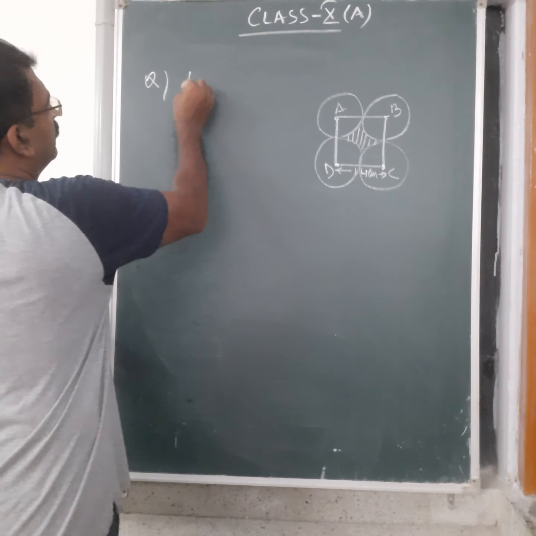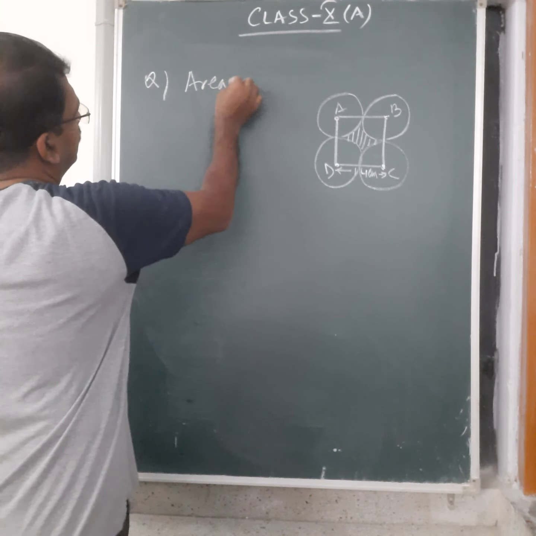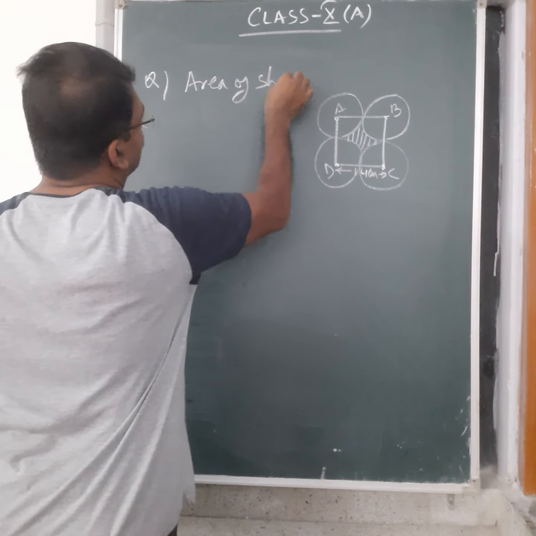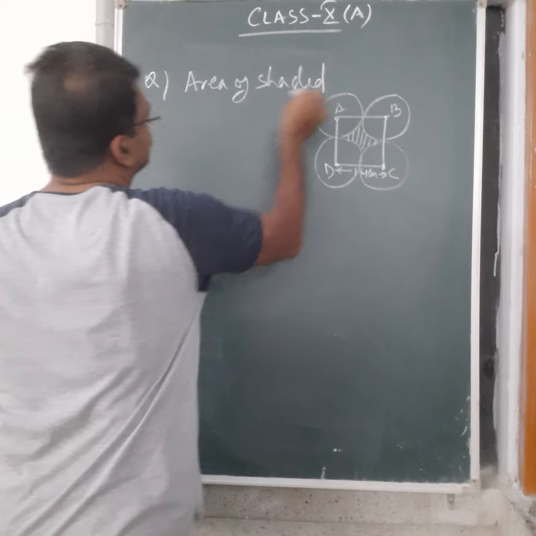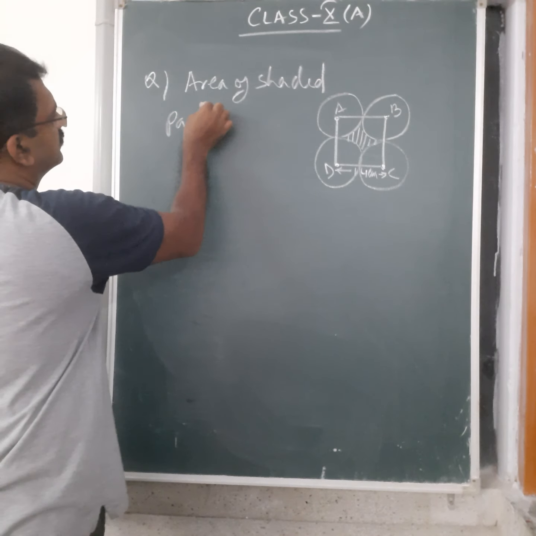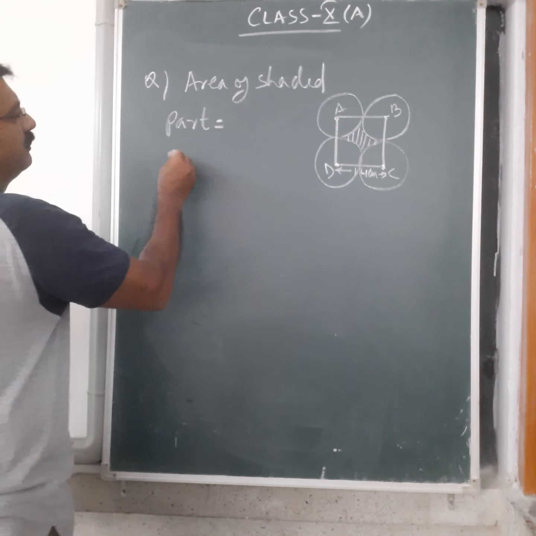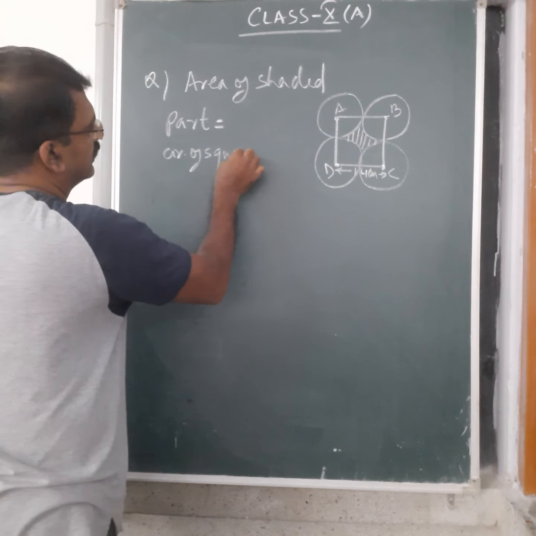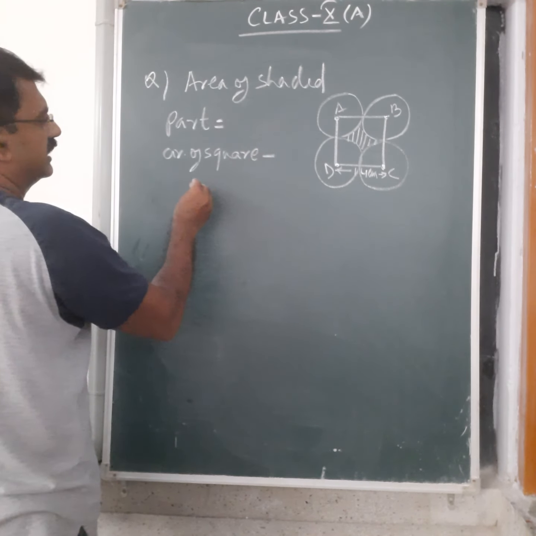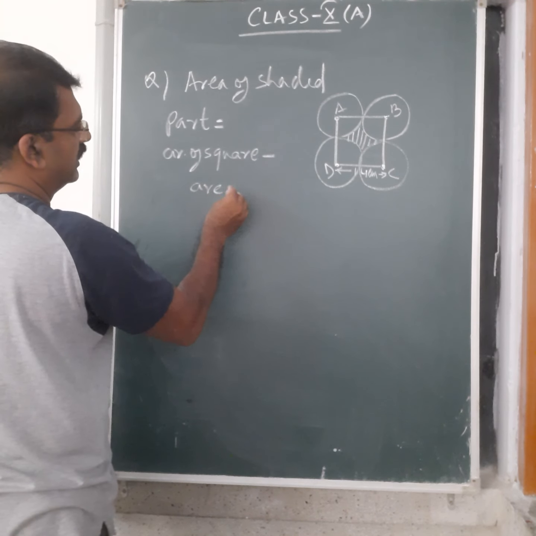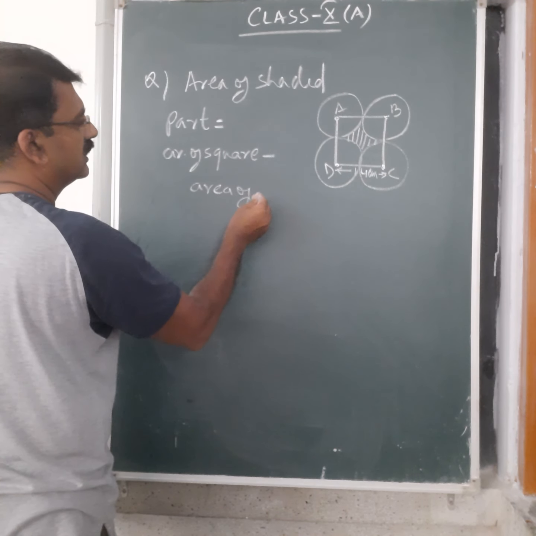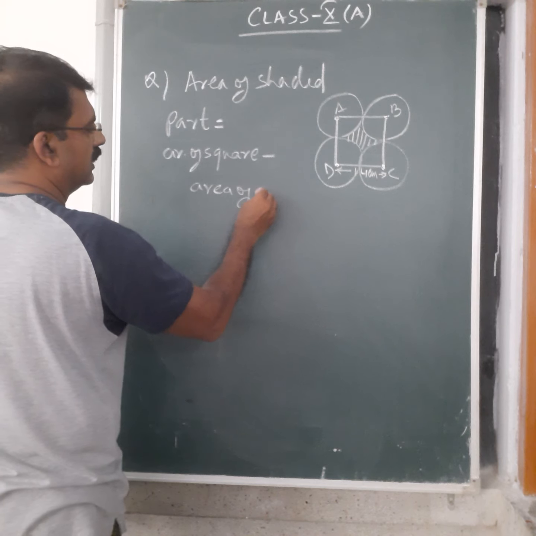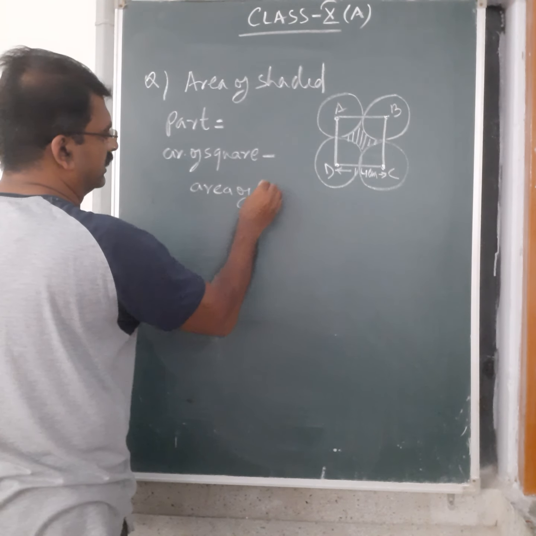So area of shaded part will be equal to area of square minus area of the circle.